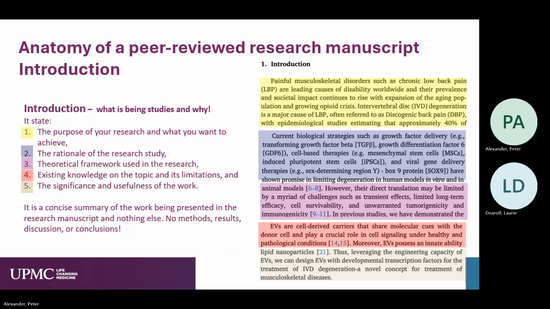You might give growth factors, you might give cells, you might overexpress some genes, and it gives the actual gap of knowledge. There's no direct translation to human patients. There are really no treatments for this disease. And then they start describing what they think their treatment can be, which is EVs as cell-derived carriers to deliver medications. We'll go into this in greater detail.